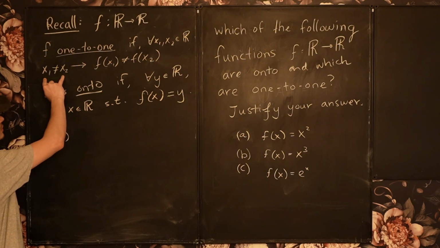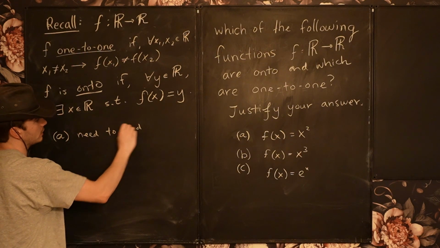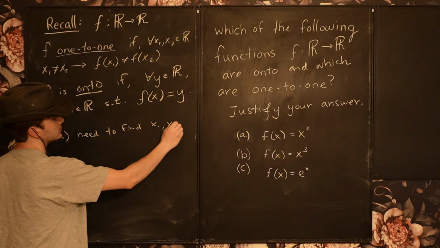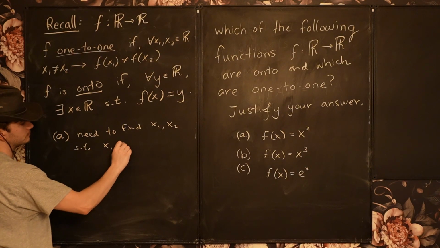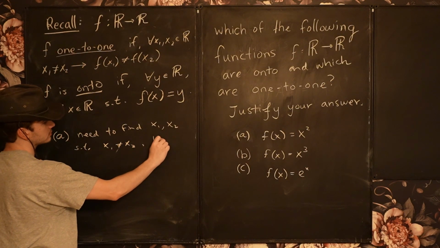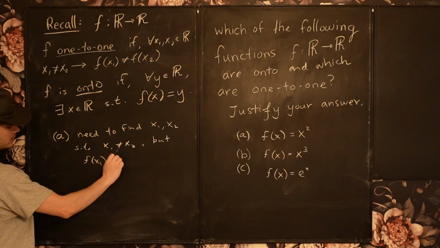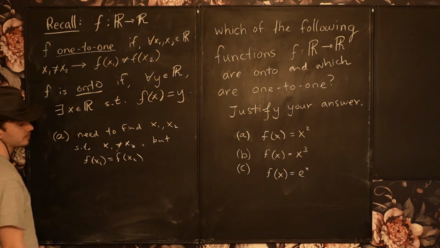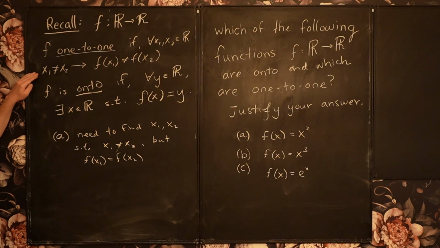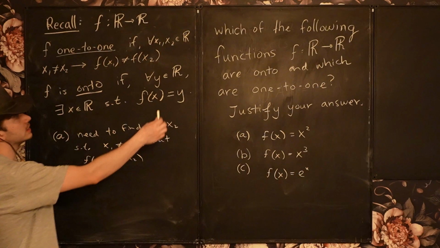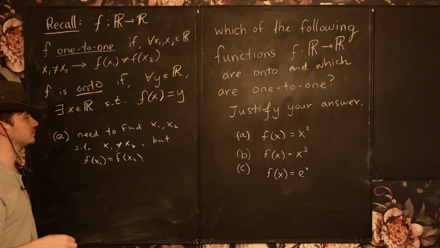So I need to find an x1 and an x2 such that x1 is not equal to x2, but f of x1 is equal to f of x2, okay? If I find this example of x1 and x2, that is going to break the definition of 1 to 1 because this definition must hold for all x1 and x2 in the reals, okay?